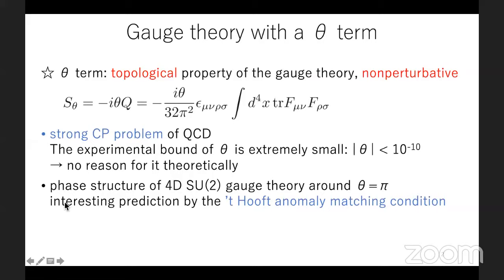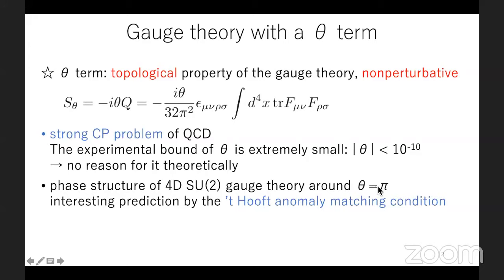Another interesting topic is that recently the topological anomaly matching has been studied by some people, and this topological anomaly matching condition gives an interesting prediction about the phase structure of four-dimensional SU(2) gauge theory around theta equal pi.